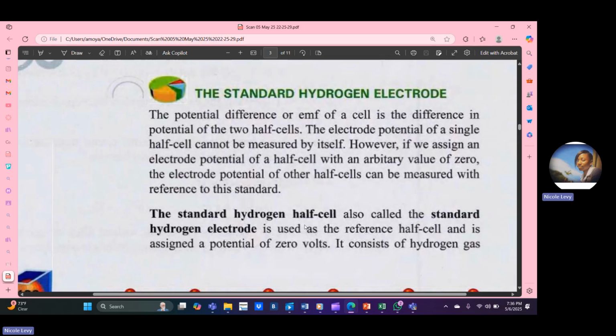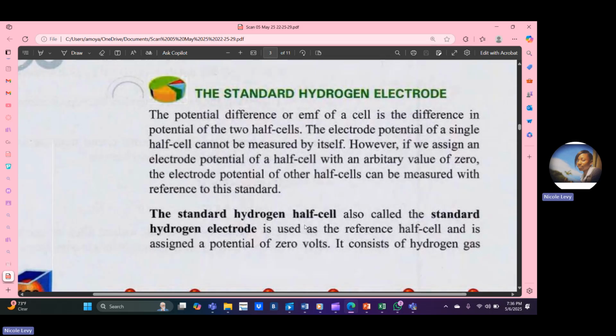So whether one is more negative or one is more positive, the electrode potential of a single half cell cannot be measured by itself. However, if we assign an electrode potential of a half cell with an arbitrary value of 0, the electrode potential of other half cells can be measured with reference to this standard.